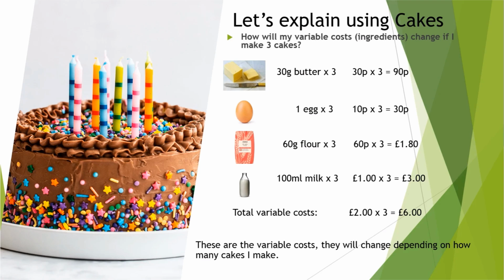And then 100 millilitres of milk times 3, which is £1 times 3, equals £3. If we then add all of those up, that equals my total variable costs of £6. So these are the variable costs which you'll note change depending on how many cakes I make, and in our scenario it means 3 cakes.